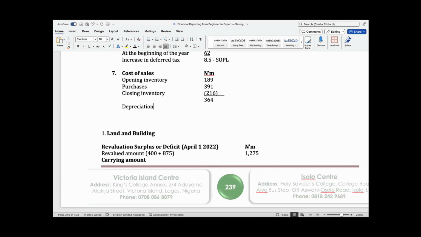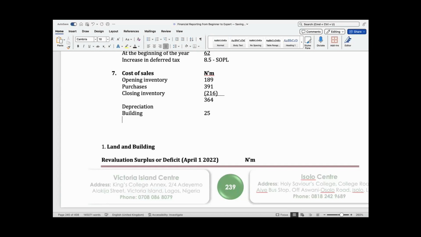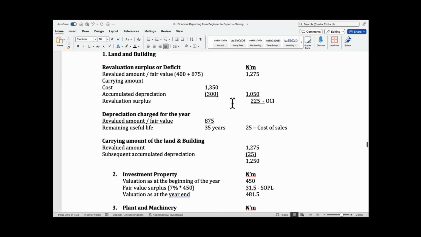Then remember, I was told that depreciation should go to cost of sales. For the building, we computed our depreciation as 25.